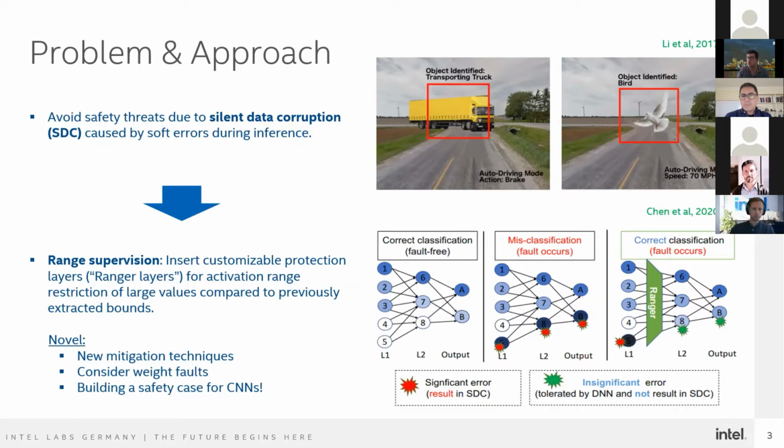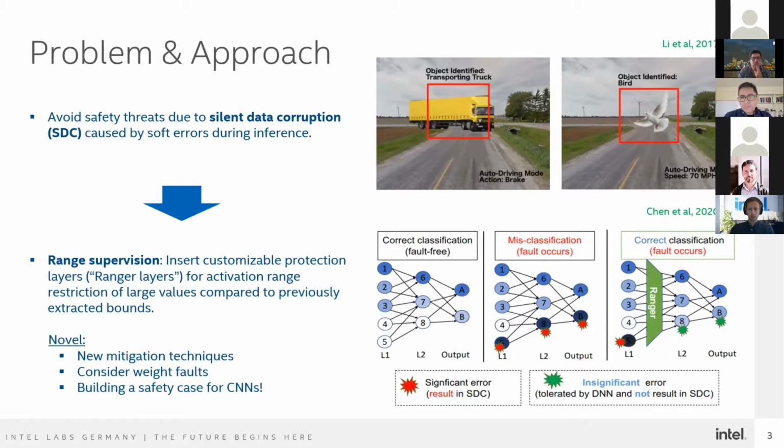And the method that we pursue here is range supervision. So what does that mean? We check the intermediate activations of the network. The underlying assumption here is the following. If we have a bit flip that creates a very large value, this value gets even larger if it propagates through the network. And eventually we end up with enormously large values that are very different from the expected value range. And this leads then to SDC and mispredictions.